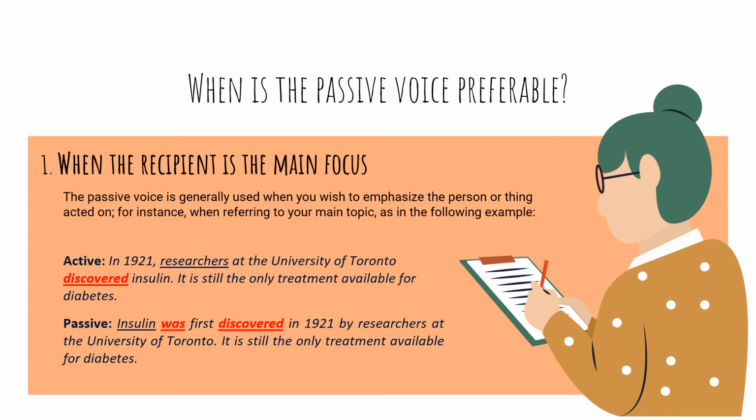Insulin was first discovered in 1921 by researchers at the University of Toronto. It is still the only treatment available for diabetes. So the passive again shows the main focus, which is insulin in that sentence.